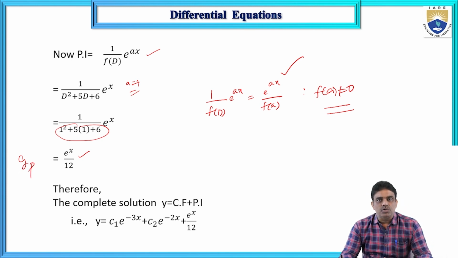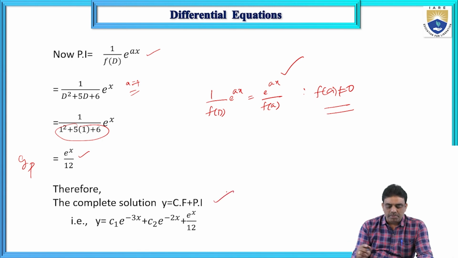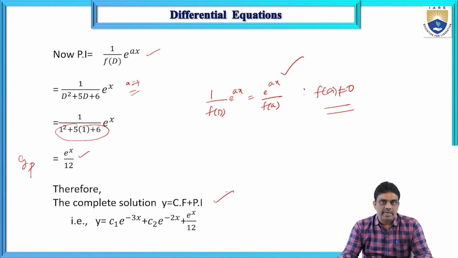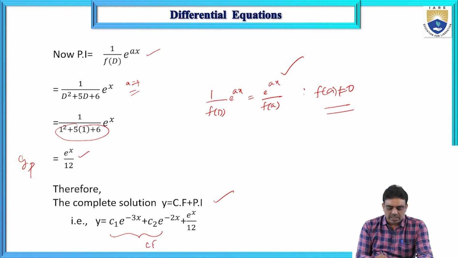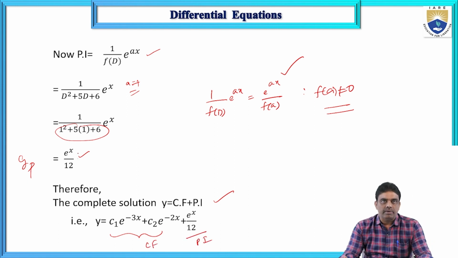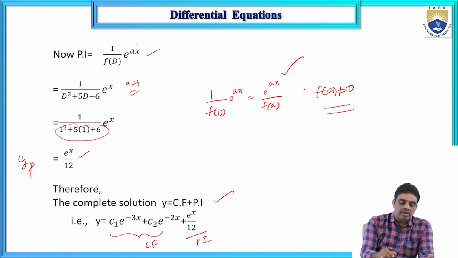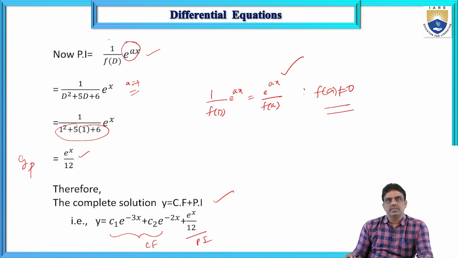Therefore, the complete solution y is equal to complementary function plus particular integral, that is y equal to c1 e power minus 3x plus c2 e power minus 2x, the complementary function, and the particular integral is e power x by 12. So in this way, we can find the particular integrals very easily based on the function Q of x.